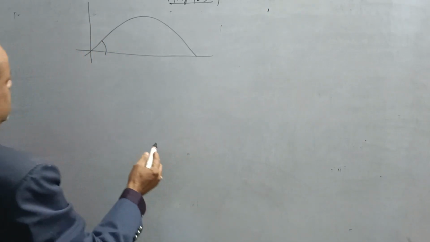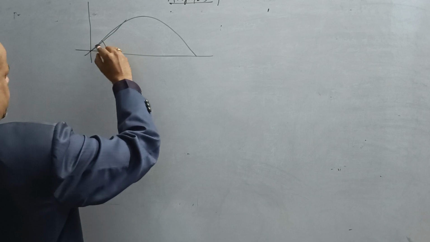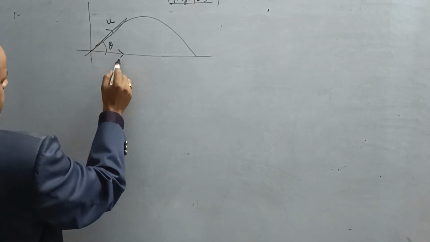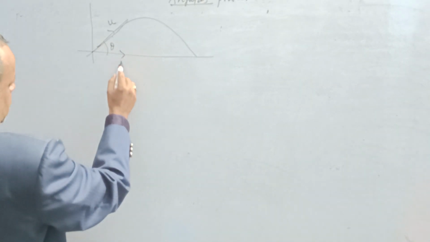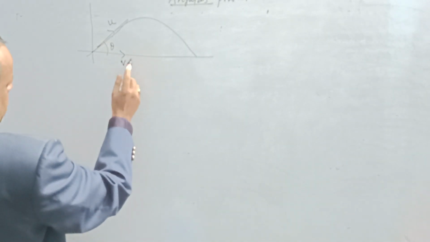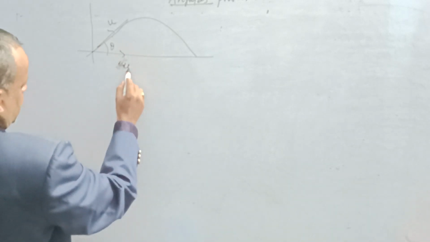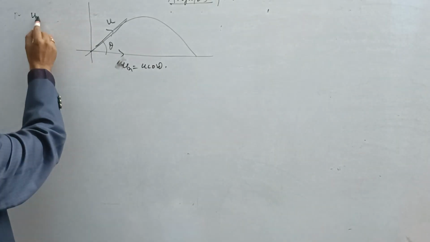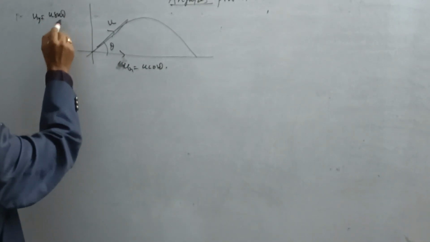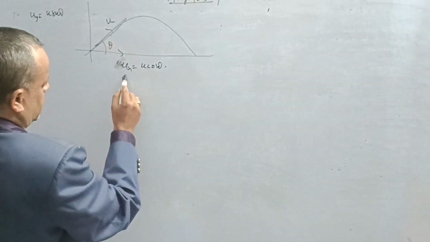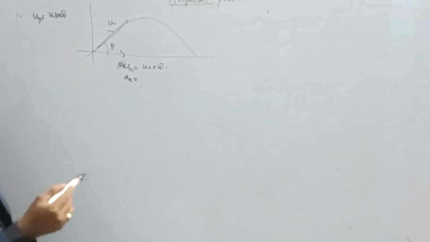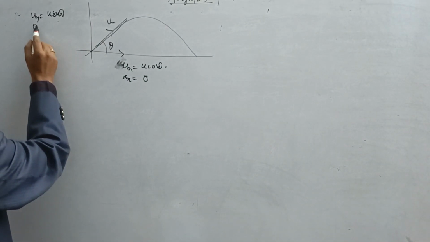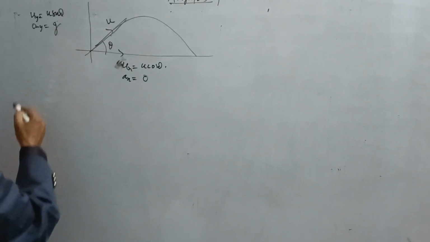Let us suppose this is velocity u, and it makes angle theta over here. The initial velocity along the x-axis is u cos theta, and along the y-axis is u sin theta. Since it is a projectile, we don't have any acceleration along the x-axis, and acceleration along the y-axis is g.